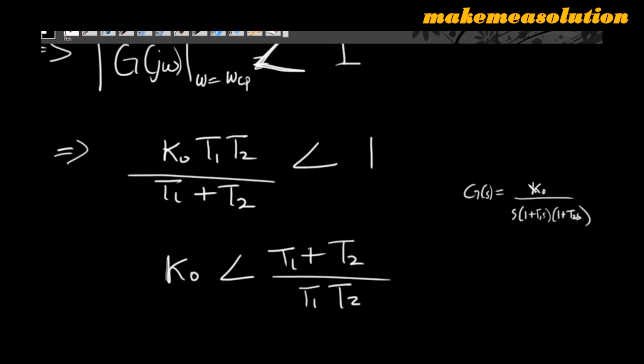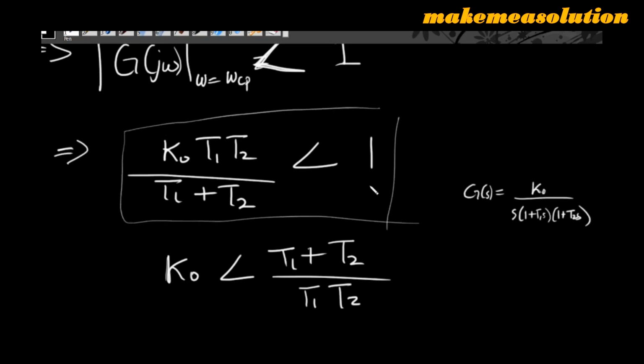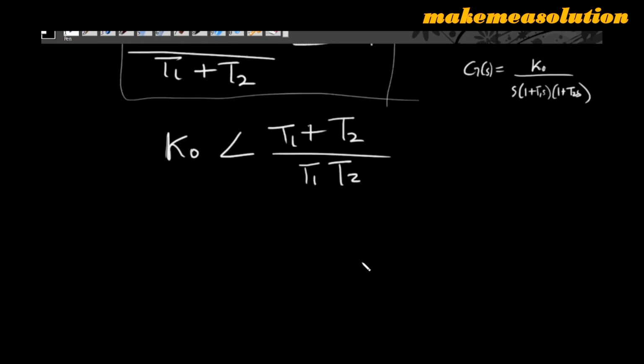So for this system to be stable and for us to impose restrictions on K, then this relation must be true. Okay, this relation must be true. So where this particular one is the gain, the magnitude of the system at the gain crossover frequency, that's our omega CP. So just make K naught the subject of the formula.